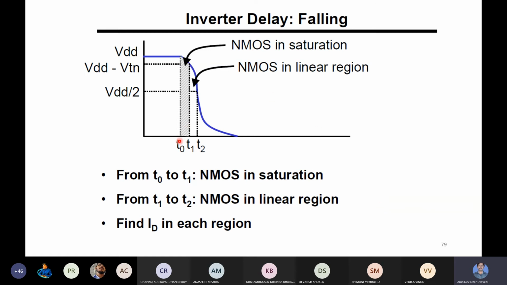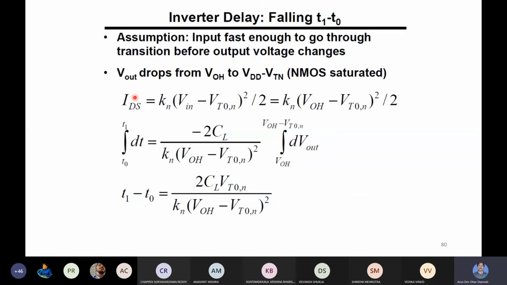Initially we are saying that T0 to T1 it is in saturation, and T1 to T2 it is in linear region. When VDD to VDD minus VTN we are coming, it is in saturation, and VDD minus VTN to VDD by 2 it is in linear region. This is why we are calculating in two parts.